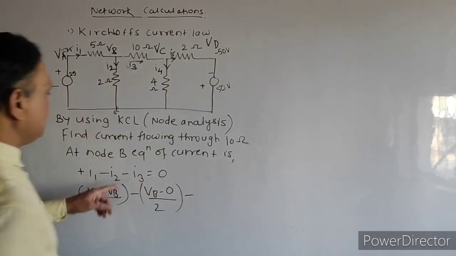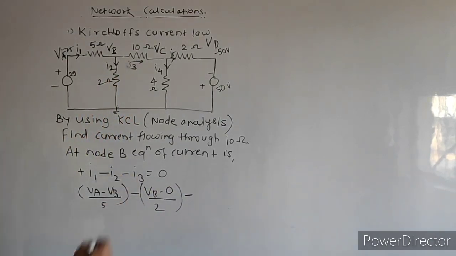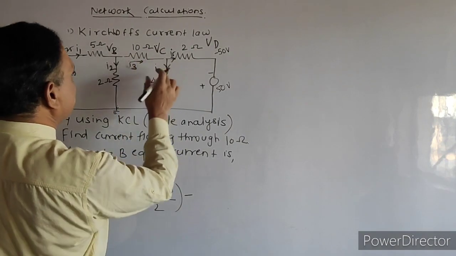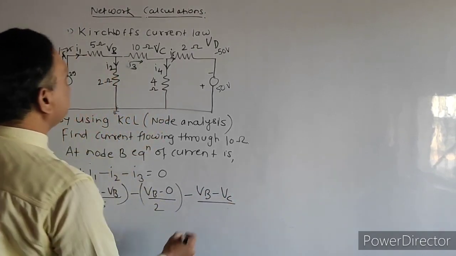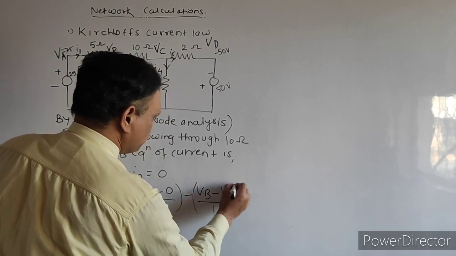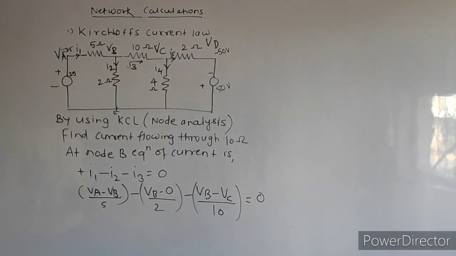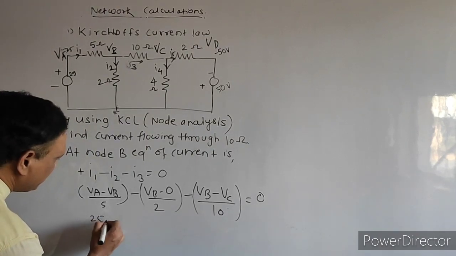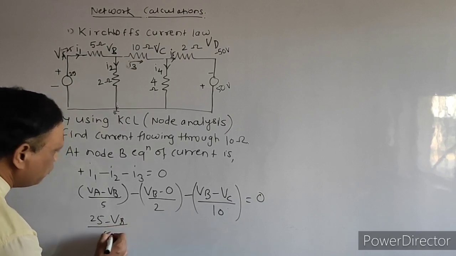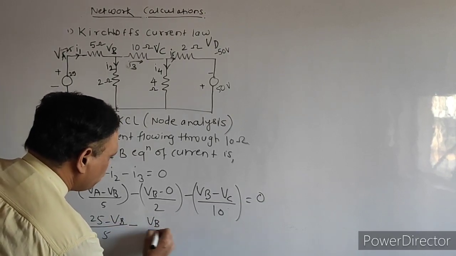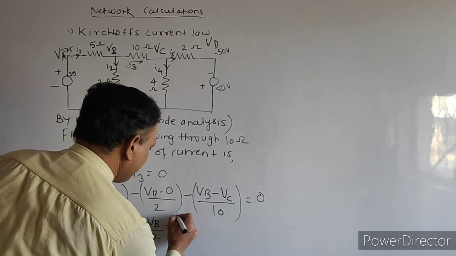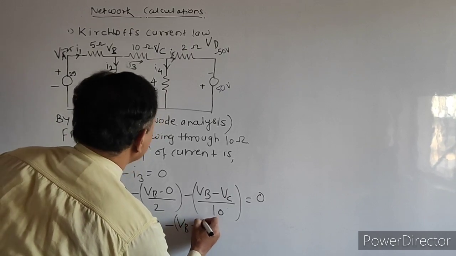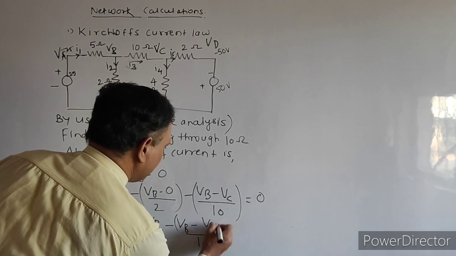Now what is our remaining part? That is I3. And what is the I3? I3 is nothing but VB minus VC, that means potential difference between these 2 points B and C. So VB minus VC upon its resistance. So this is equal to 0 as per our equation. Now we know that VA is 25. So we can set here as 25 minus VB upon 5 minus VB upon 2 minus VB minus VC upon 10.